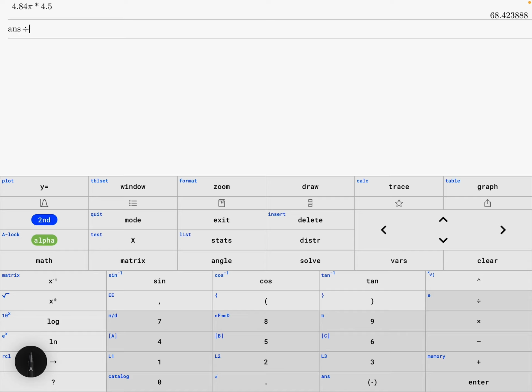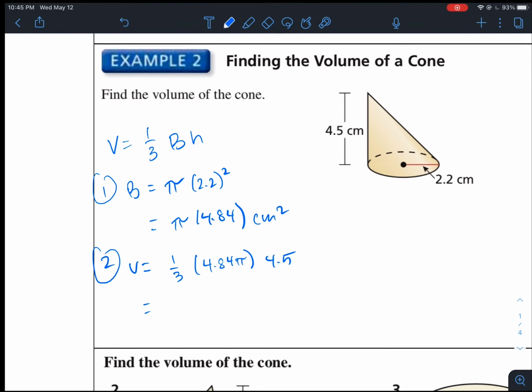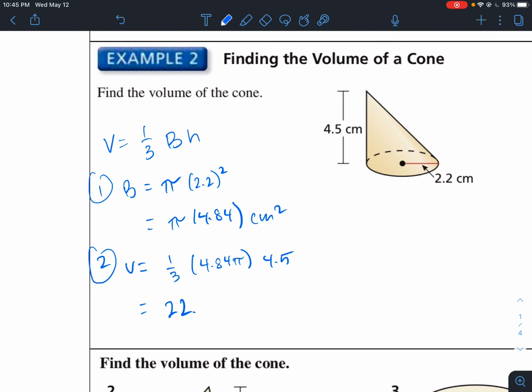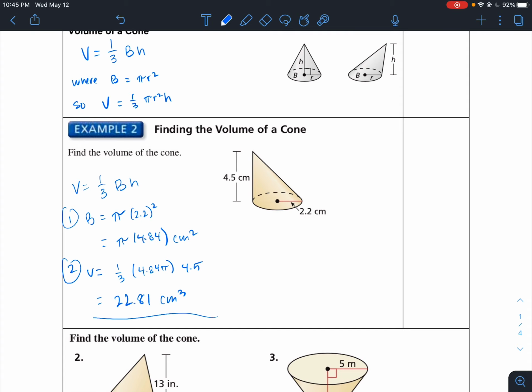Then I'm going to take that and divide it by 3, and I get 22.81 centimeters cubed. And that's the volume of this cone right there.